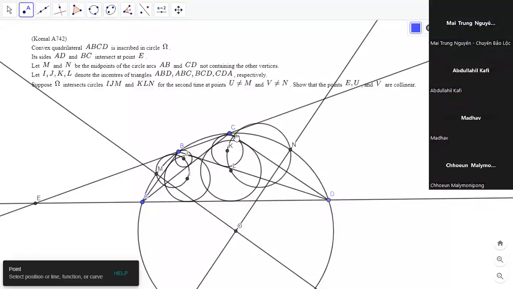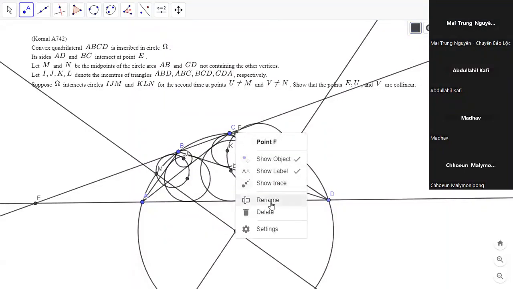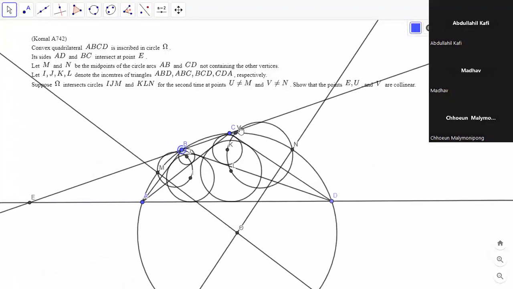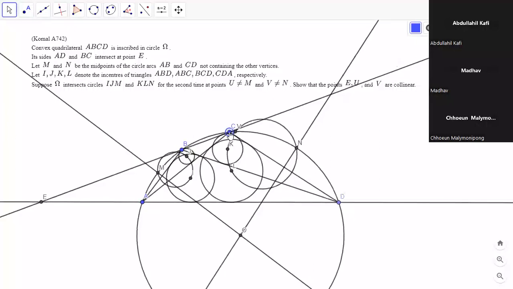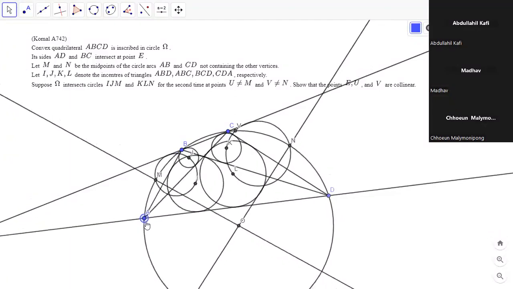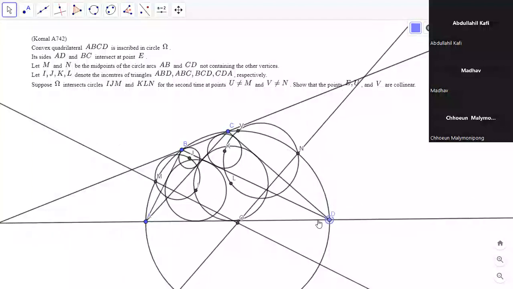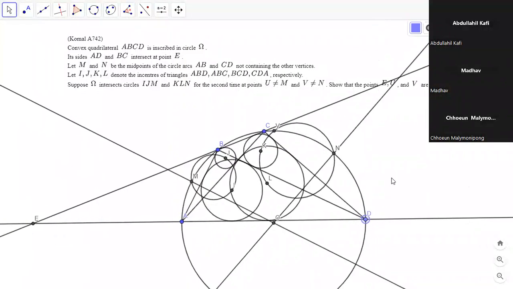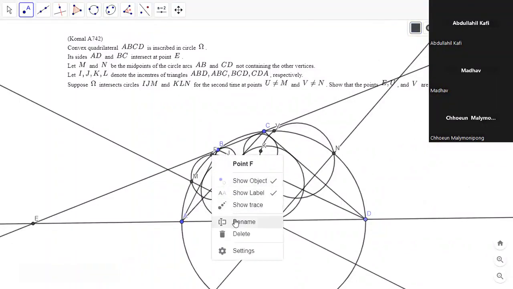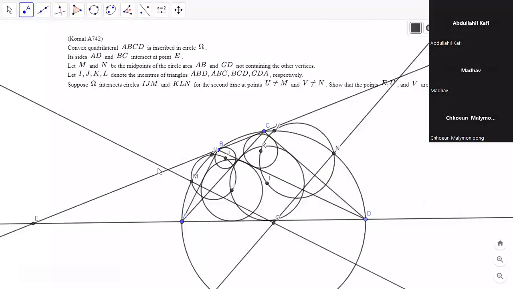So this is pretty interesting. This would be V, and let me adjust the diagram just a little bit. That would be V. It's hard to see U. It's where this circle intersects it. Maybe if I draw something more like this, it'll be a little easier to see. That looks better. So this is U. All right.